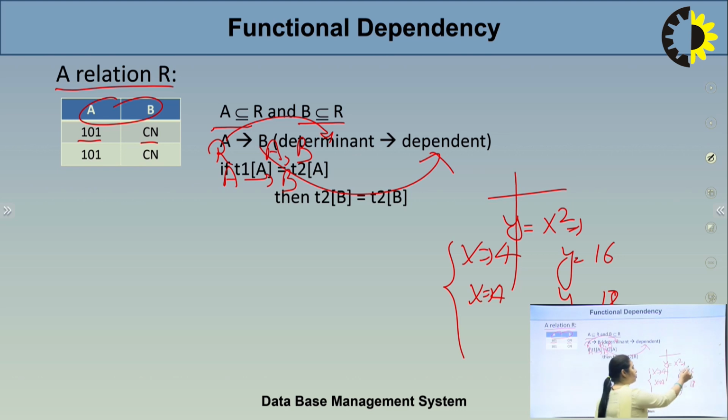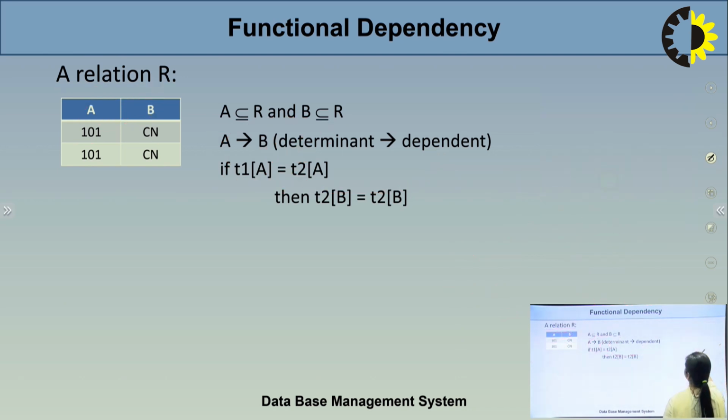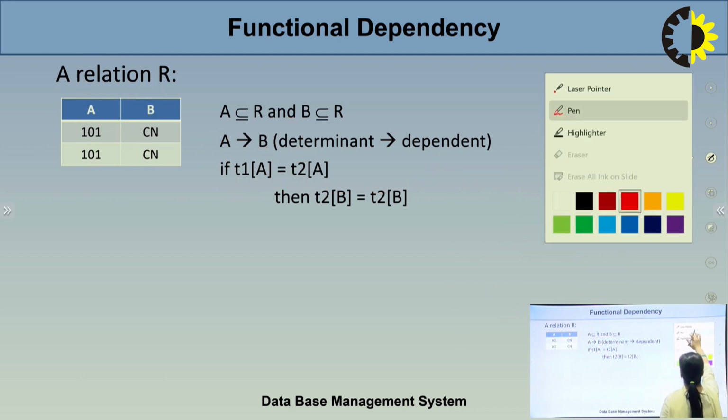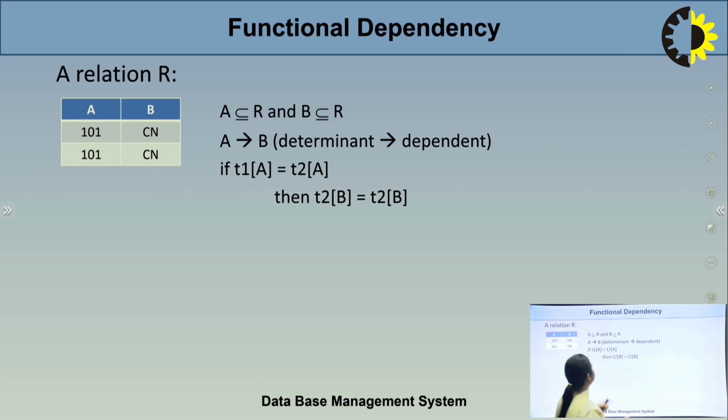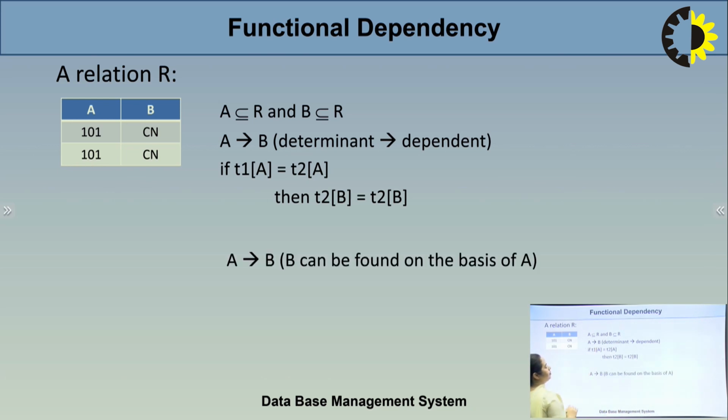This is never going to be possible. So the conclusion is that on the same value of x, we must get the same value of y. Here we also get 16, not 18. So this is the proper definition of functional dependency. Means suppose we have a table.